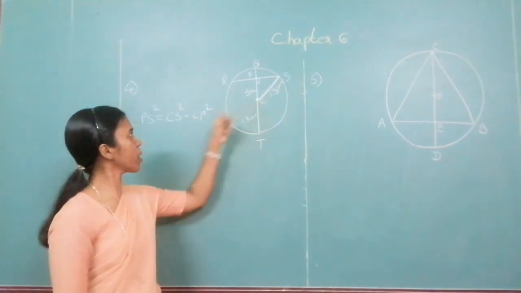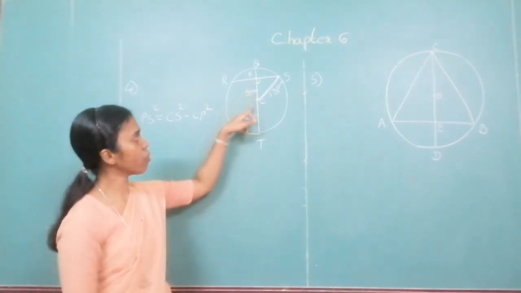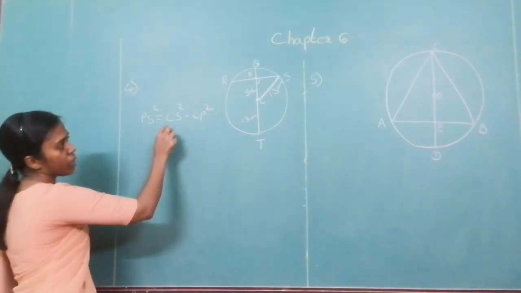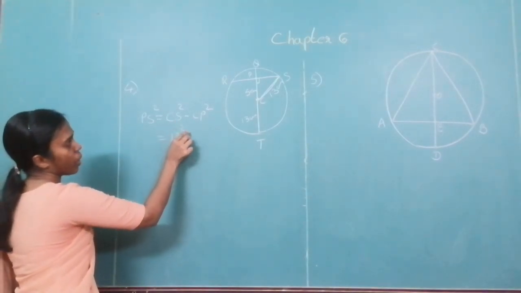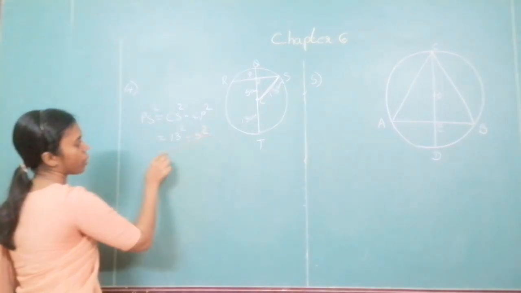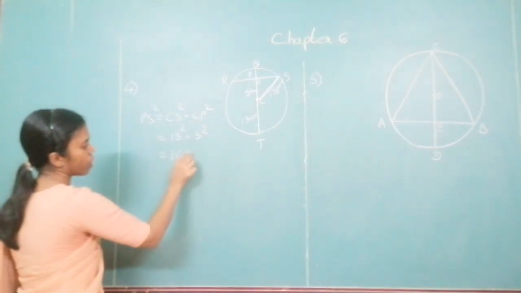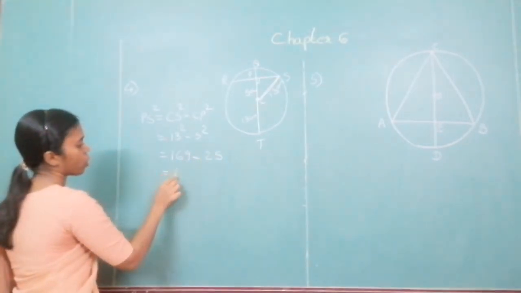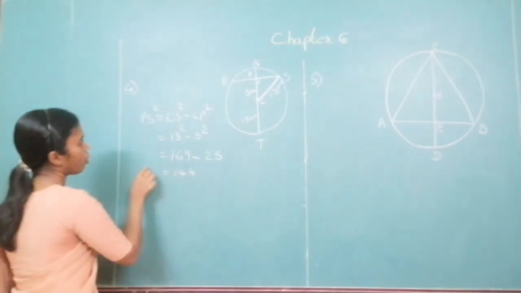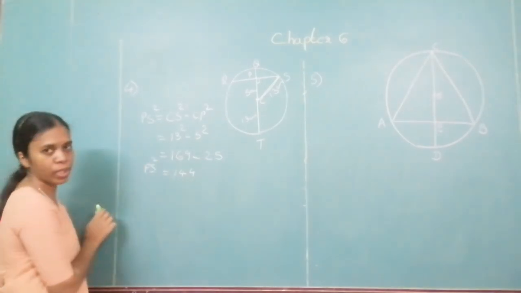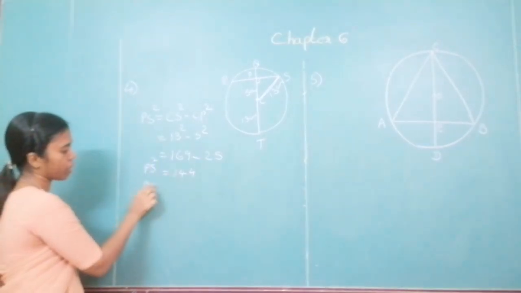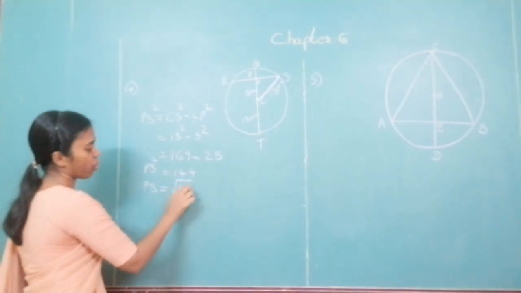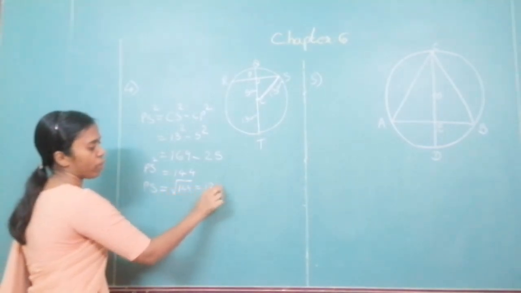So hypotenuse square minus one square is the other square. So CS square minus CP square is 13 square minus 5 square. 13 square is 169, minus 5 square is 25. How much do you get? 144. That is PS square. So PS is equal to square root of 144, that is 12.